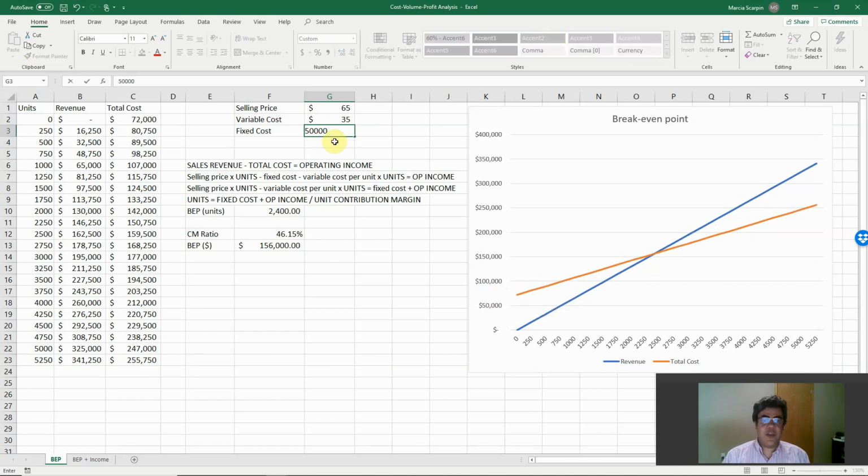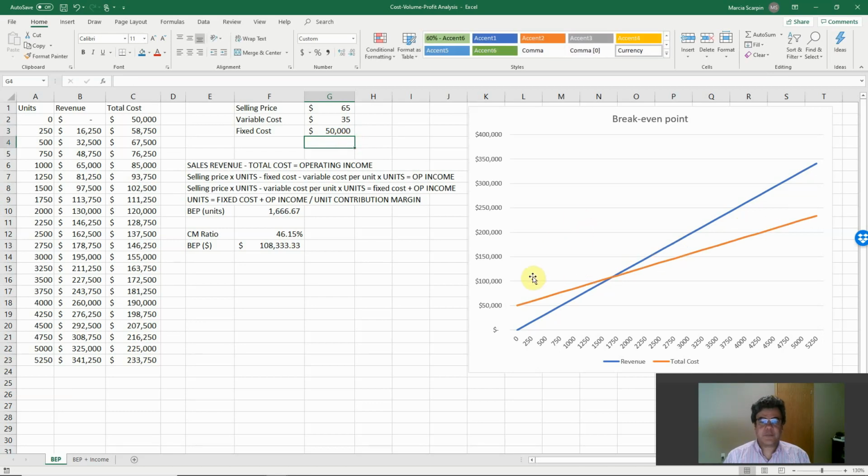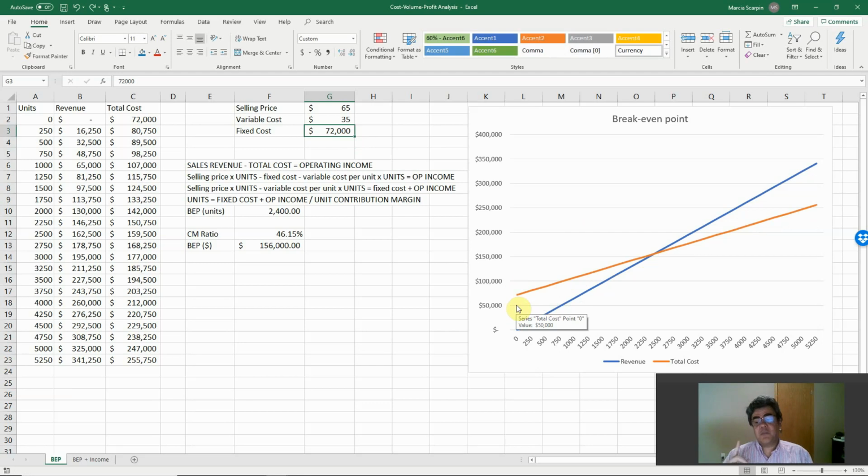What if it decreases 50,000? Let's mark it here. Here, our origin. Now it goes down, but keeping the same slope. So our break-even point goes down. Just pay attention here.